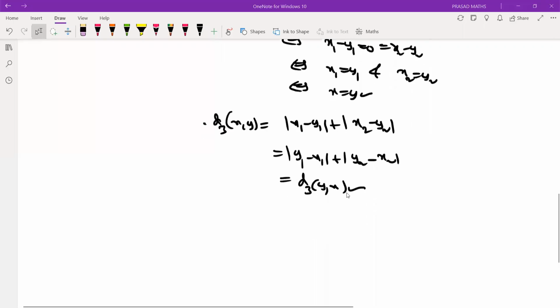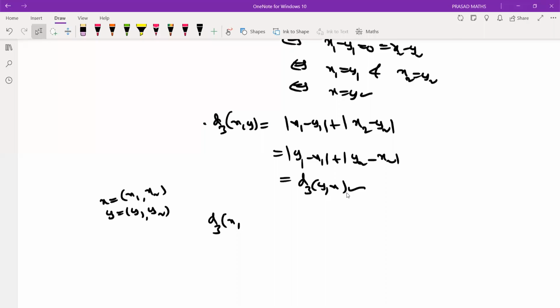What about the triangle inequality? How many points do I require for the triangle inequality? Three points. This is exactly |x1 minus y1| plus |x2 minus y2|.